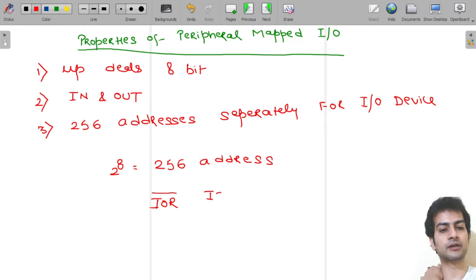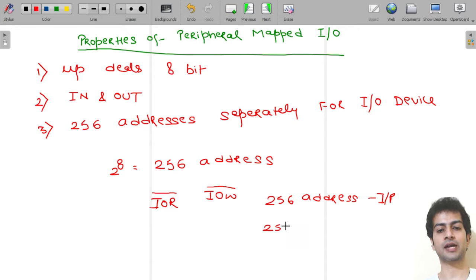One is the input read pin and the other is the input write pin. That's why we can generate 256 separate addresses: 256 addresses for the input device, and 256 addresses for the output device.